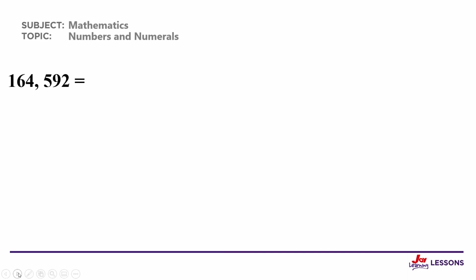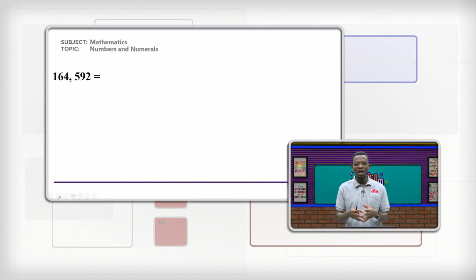Good. So learners, for this one, I have given you the numeral. I want you to find how many of the marbles we are going to have in each of the stages of counting.